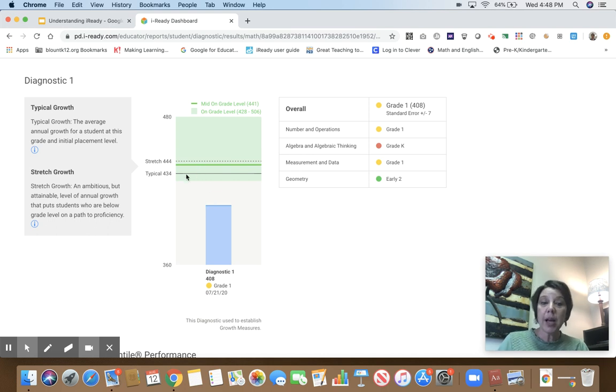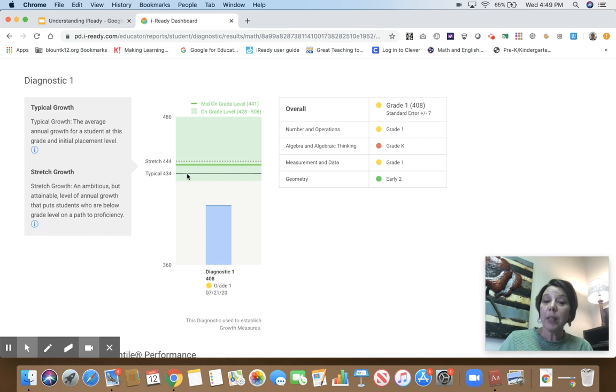You see these lines, we have a dark line, we have a dotted line, and we have a green line. Your child right now should not be at the dark black line or at the dotted black line because these are goals. These are what we are trying to reach either by the second diagnostic or the third at the end of the school year.